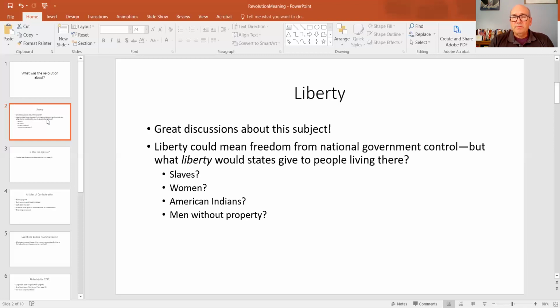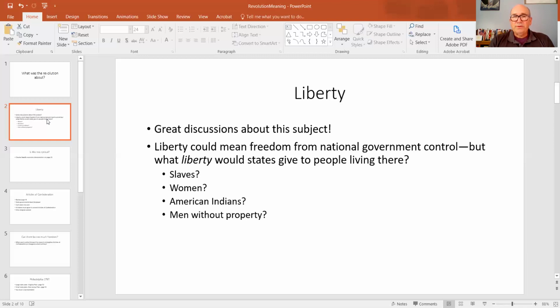So you could be a white man, and you may still think that you have some freedoms and advantages over other people, but in many states, it still came down to your means to own property. And if you didn't have that, then you had a limited opportunity to have liberty.